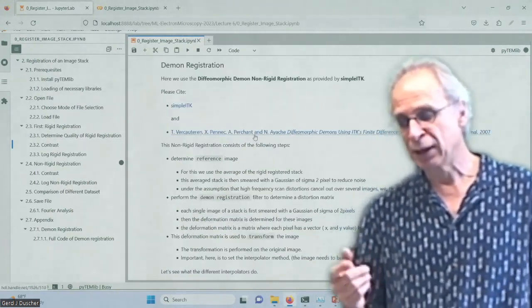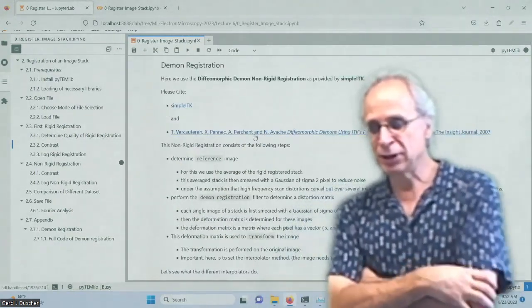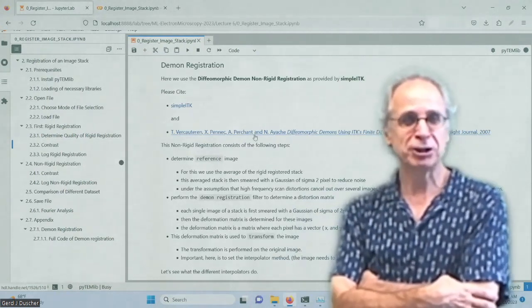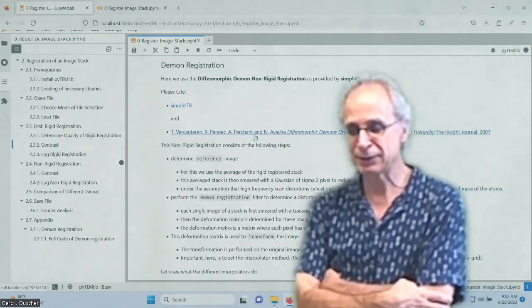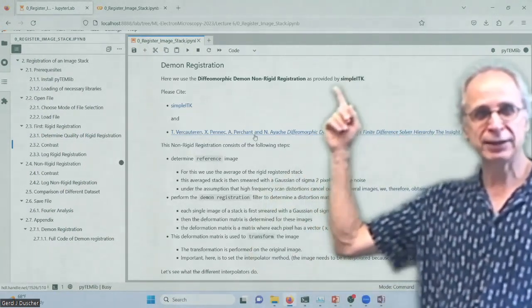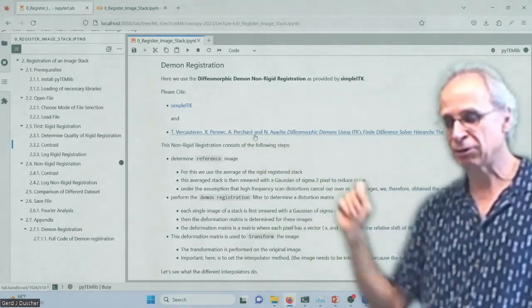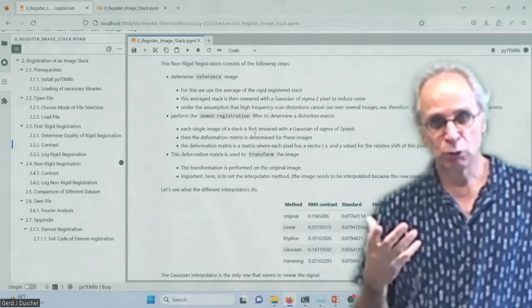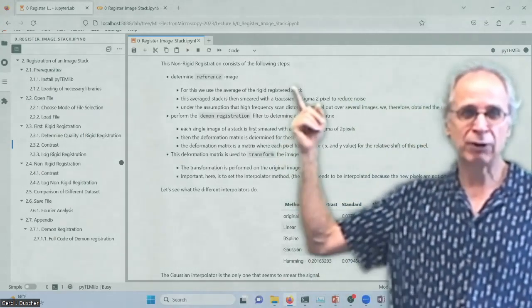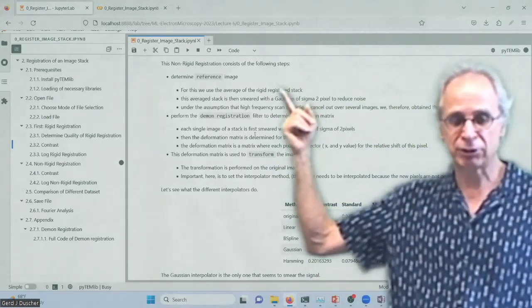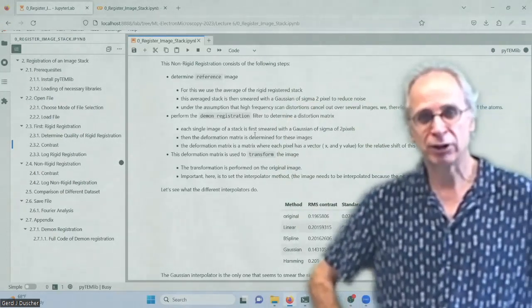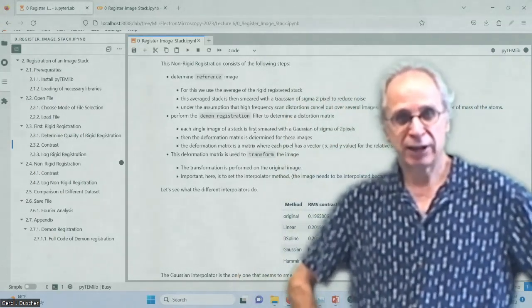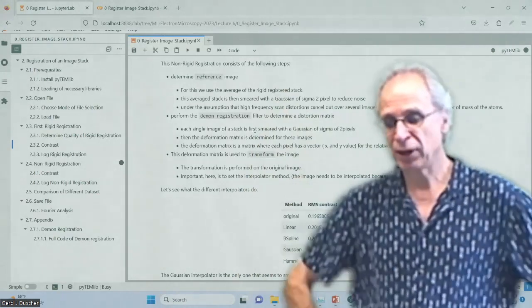It's called diffeomorphic daemon non-rigid registration, if you want to be super precise, by simple ITK. And so here are the relevant links for that. So we do the reference image. And in our case, the reference image is the registered stack summed over all the images.